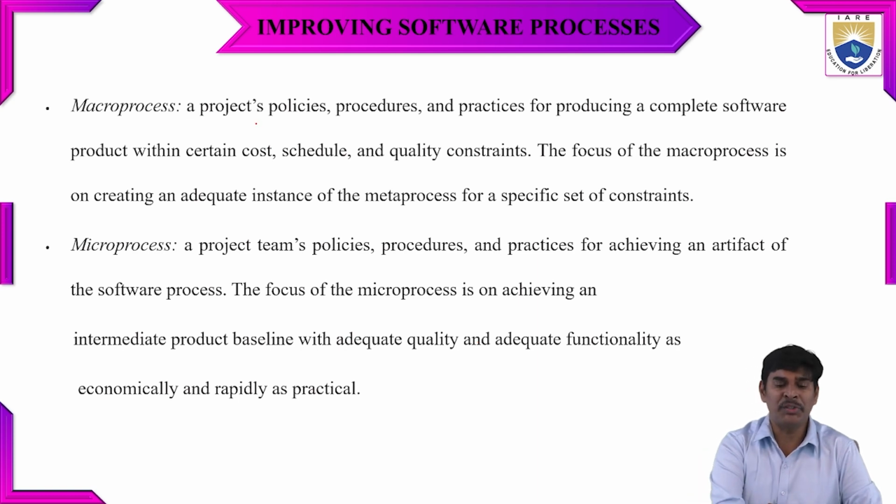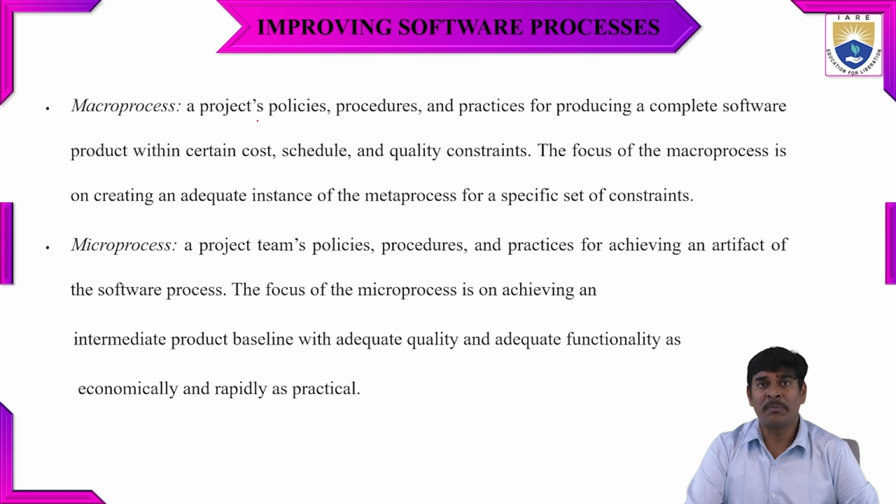So mainly this is used for projects: what projects they are going to do, and what policies, procedures, and practices may be used for the complete software they are going to generate, and they verify the cost, schedule, and quality constraints. So they check the specific set of constraints in a macro process. Next one is micro process.